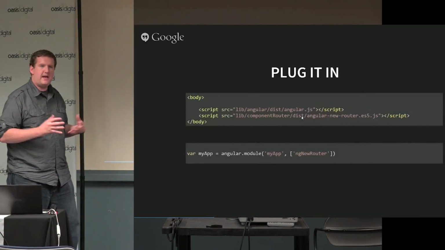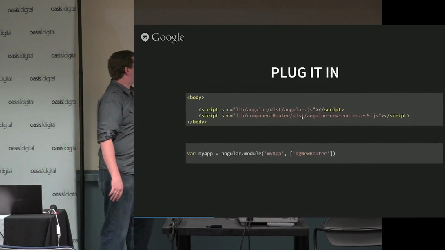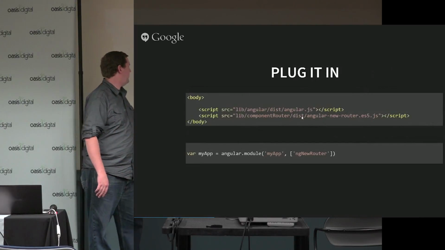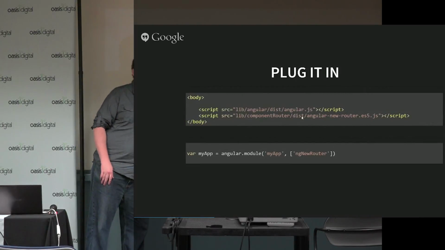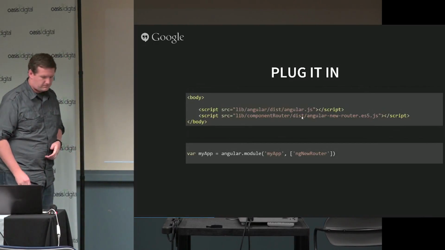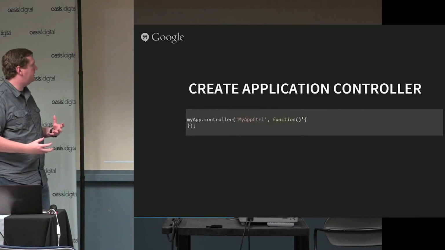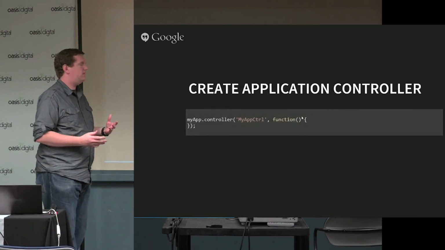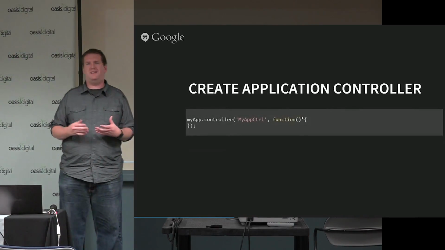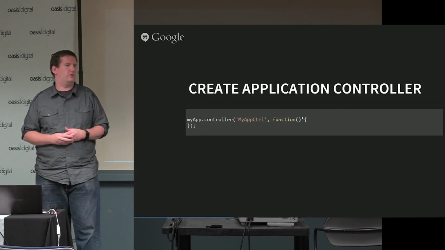All right, so once we have it downloaded, we plug it in, nothing surprising here. Include the source script, then you have to depend upon ng-new-router in your module. Pretty simple step. Now that we have access to it, the first thing we have to do is either create or identify some sort of application-level controller.